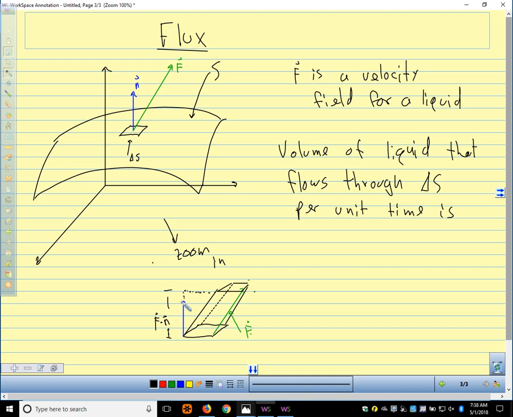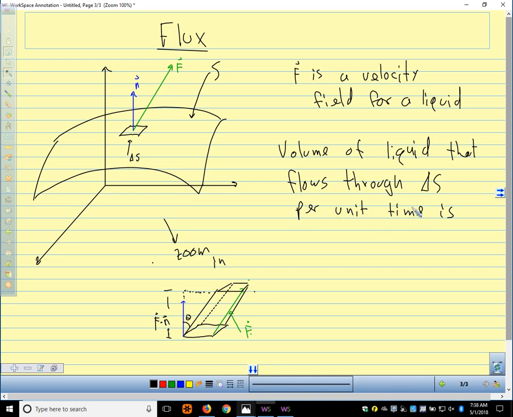The length of this side is given by the cosine of theta. And f dot n is the magnitude of f times the magnitude of n times the cosine of theta. So that height is f dot n.